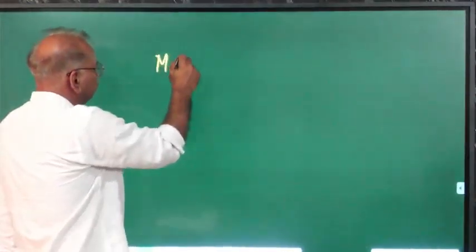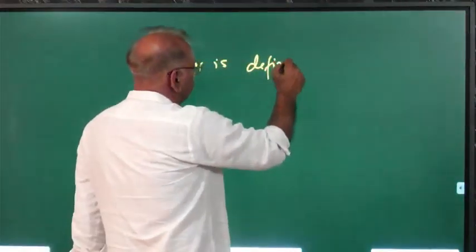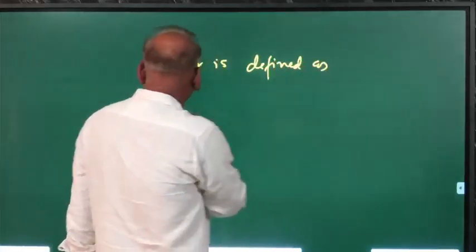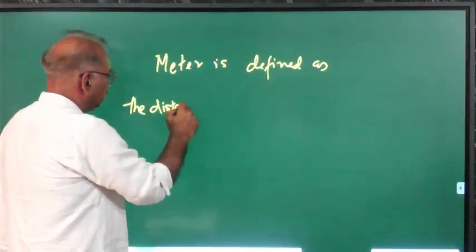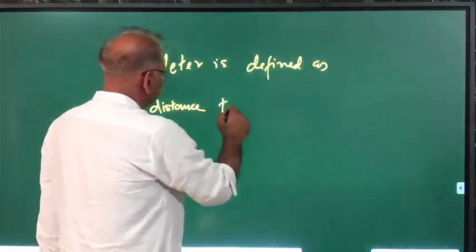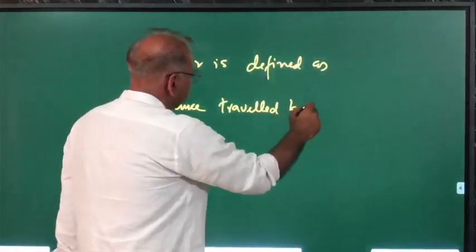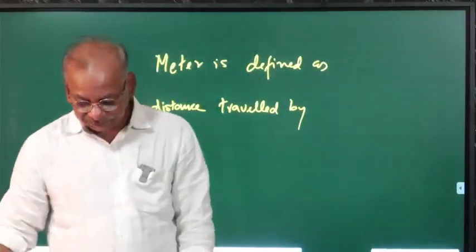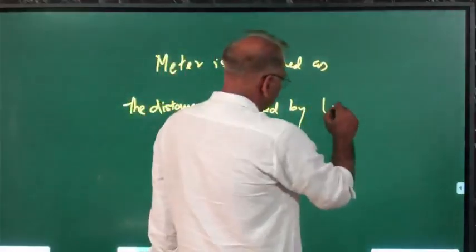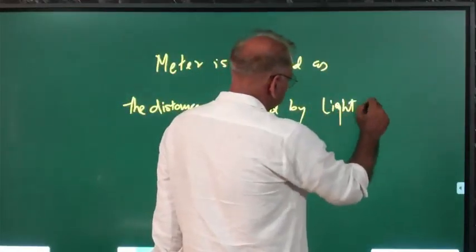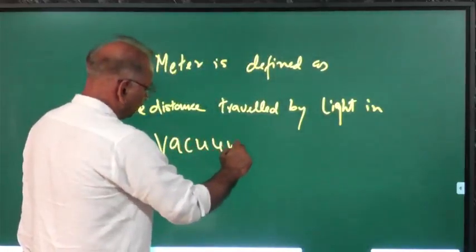It is defined as the meter, the distance traveled by a ray of light in vacuum.